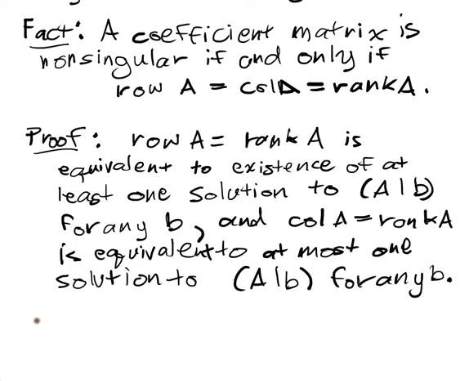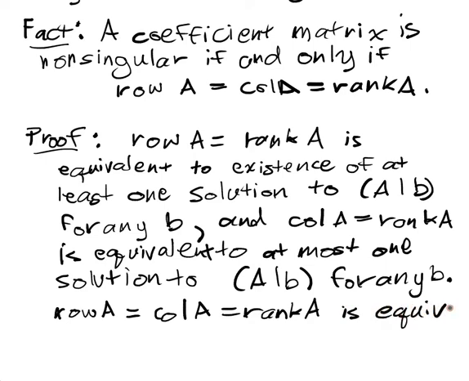So we can just combine equivalences. Taking the conjunction, we have that row A equals col A equals rank A is equivalent to row of A is equal to rank A, and column of A is equal to rank A. So this statement is equivalent to the statement that there exists a solution and it's the only one.